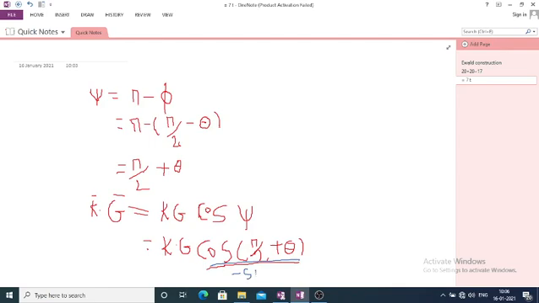Actually cos of pi by 2 plus theta is nothing but minus sin theta.